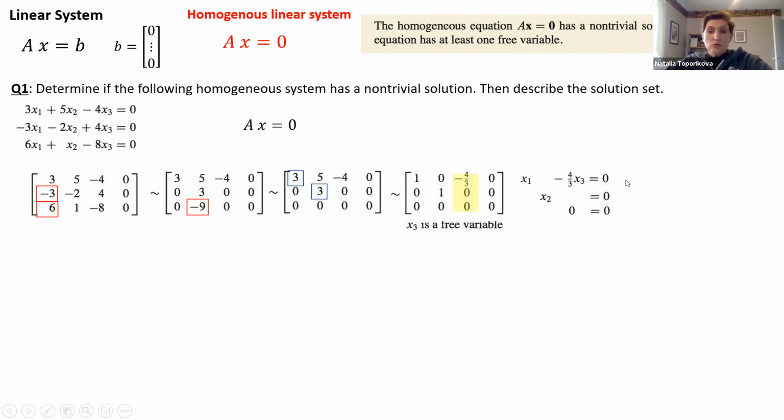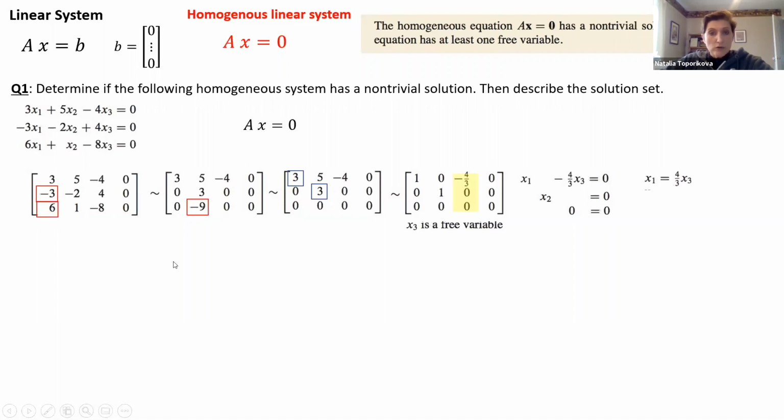Because x3 is our free variable, it will be convenient to write x1 in terms of the free variable x3. Okay, that's lovely. So we seem to have found our solution. I mean, we found an infinite number of solutions because x3 can be absolutely anything.